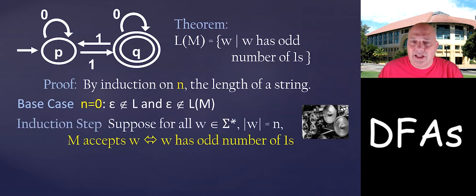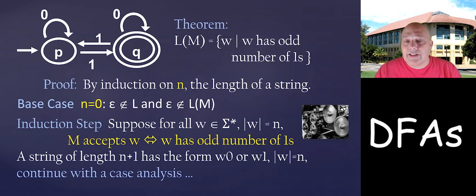The induction step is that suppose for all W's of length n, we assume that for all W of length n, M accepts W if and only if W has an odd number of ones. And now we need to prove it for W's of length n+1.